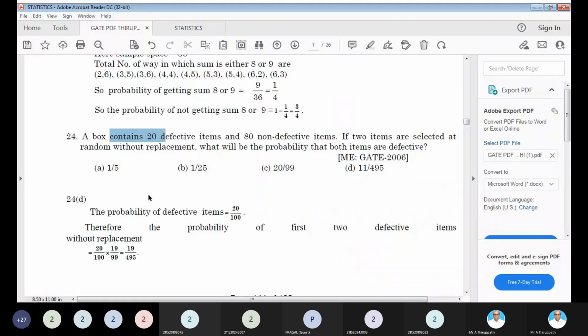So 20 into 19 divided by 100 into 99. After simplification, we get 19 by 495.